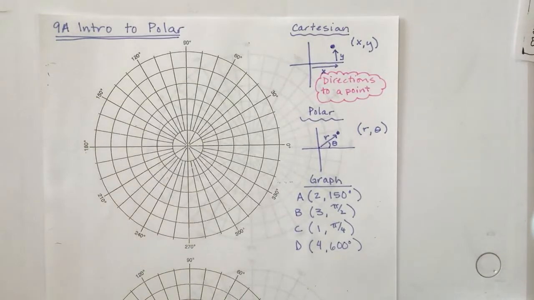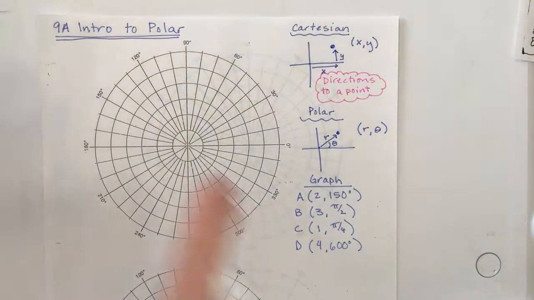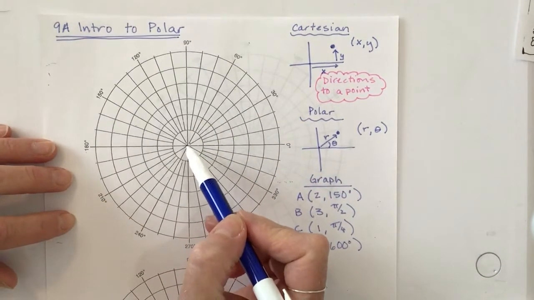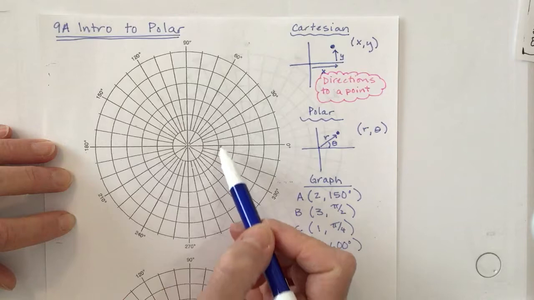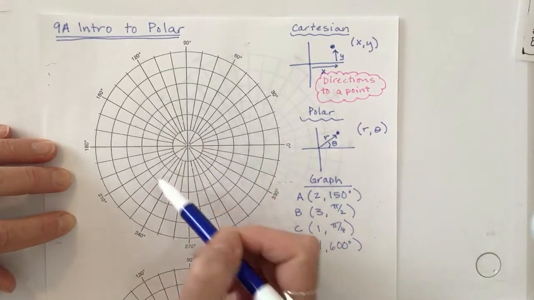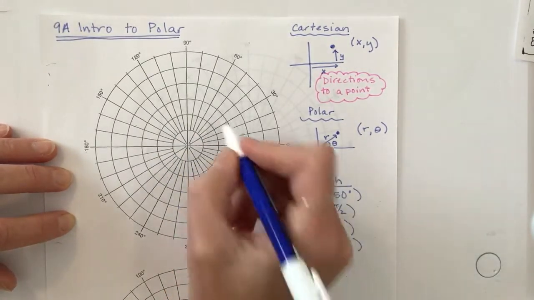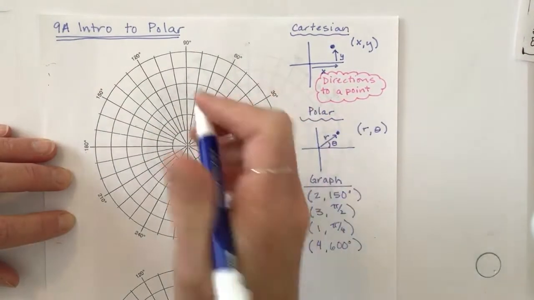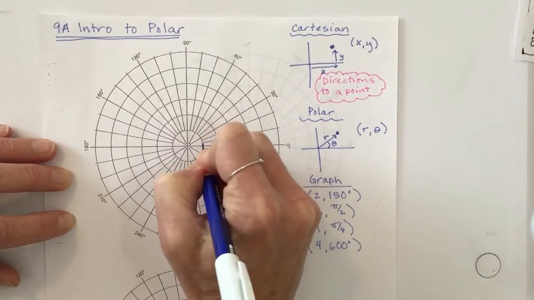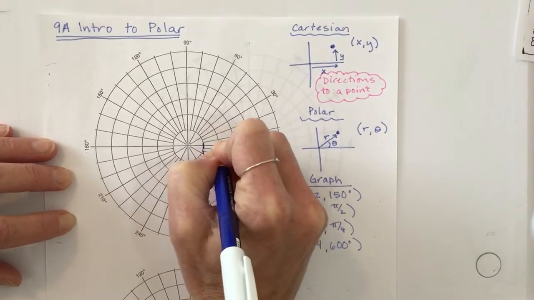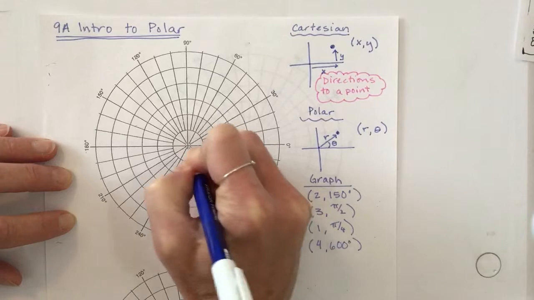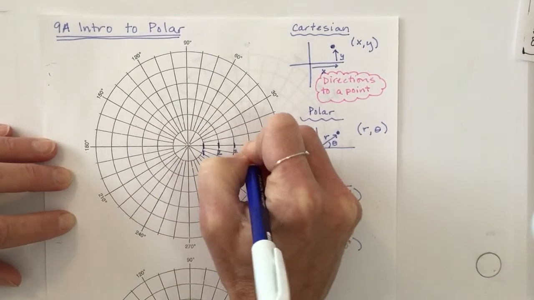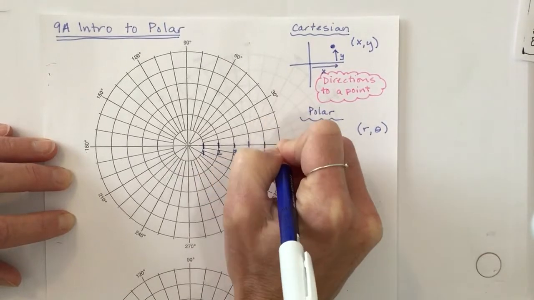Okay, so now you can see using polar paper is helpful because these concentric circles represent different r values, right? So just like when we have x and y, we would do our graph paper, we would label it. So we can label this 1, and then this would be 2 because the distance is 2 from the origin, 3, 4, 5, 6.